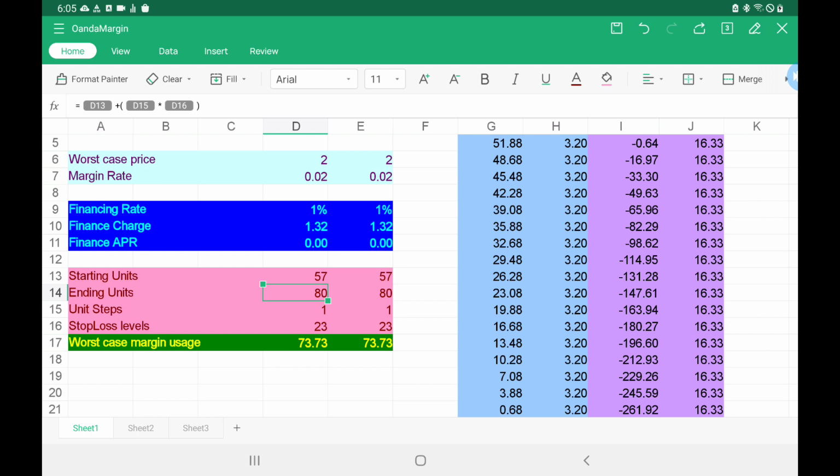Your worst case is going to be 80 units, and that is what this table is based upon. You're not going to profit a lot with each trade, but you're going to aggregate those profits over time, as I have shown in many of my previous videos. This is what trading is about. Slow, consistent, meticulous steps.